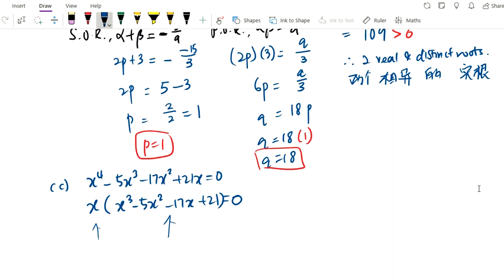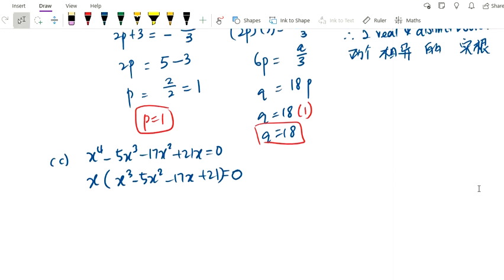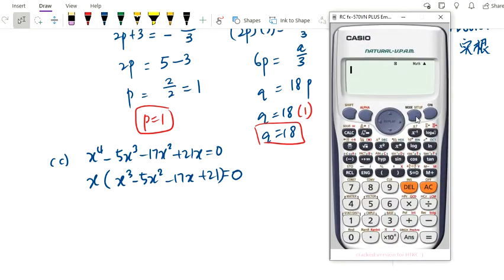So we can just solve this cubic part by taking it equals to 0, and we will write it in different brackets at the end. So go to mode 5, then the cubic equation is the third one. You just key in 1, negative 5, negative 17, 21.